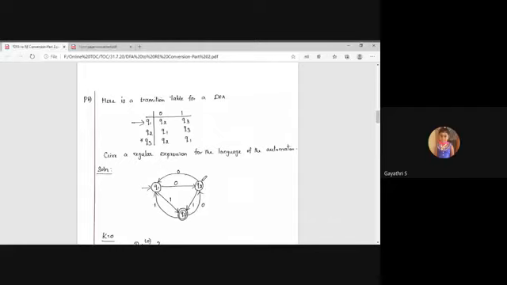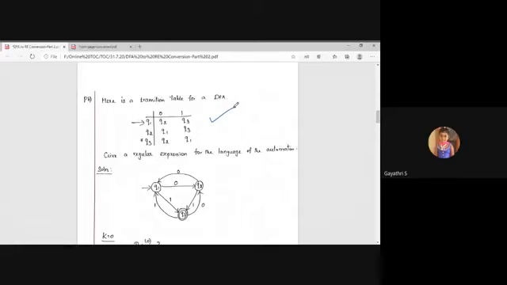Coming to the problem, what is the input they have given? You have a transition table and a transition diagram. One more thing, give the numbers in sorted order, starting with number 1.